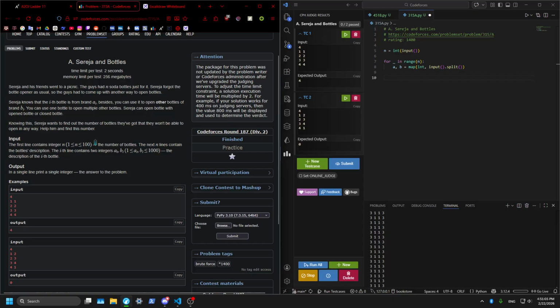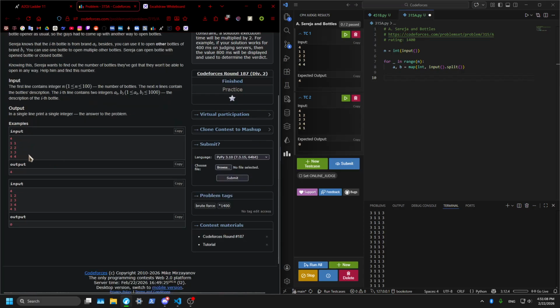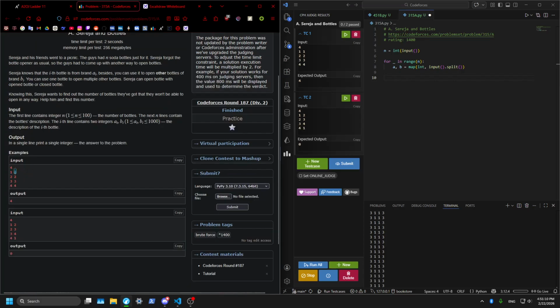And anyway, okay. So you're saying brand A, brand B. The guys have n soda bottles. The bottle from brand A_i. You can use it to open other bottles of brand B_i. I'm lost.